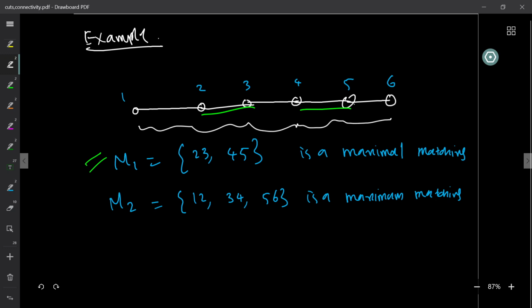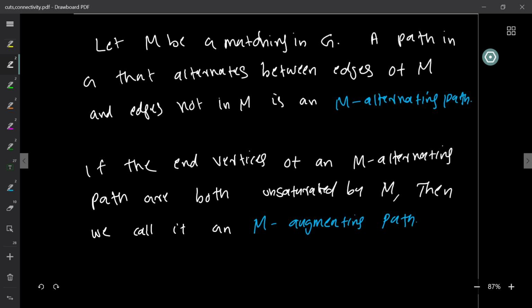The entire path starts from a vertex which is not saturated by M, then ends in another vertex not saturated by M. So this is called an M augmenting path. It's an alternating path which starts and ends in unsaturated vertices.